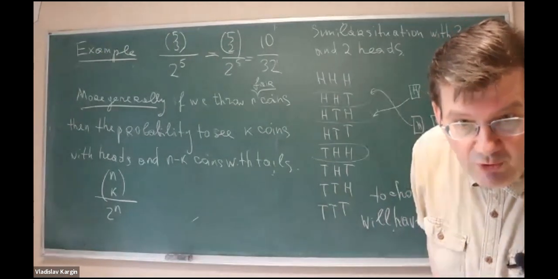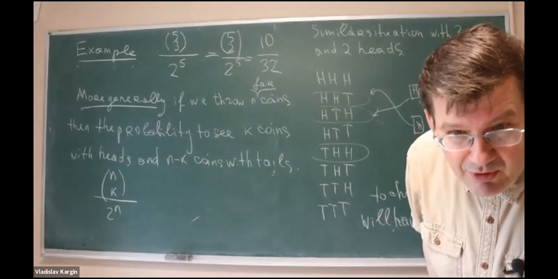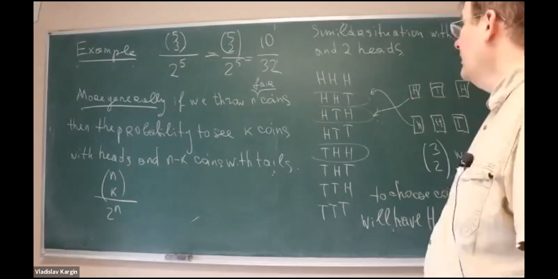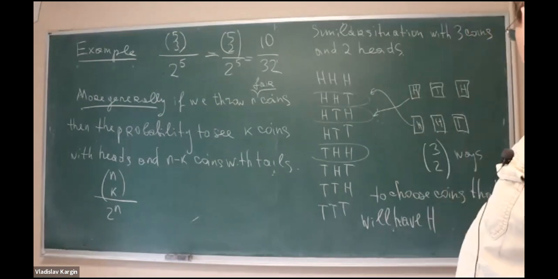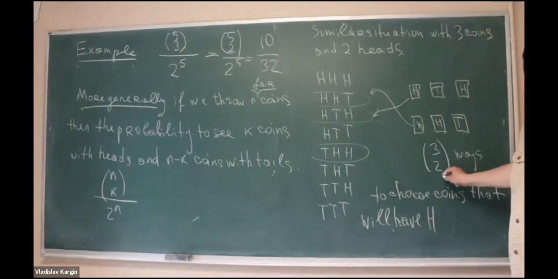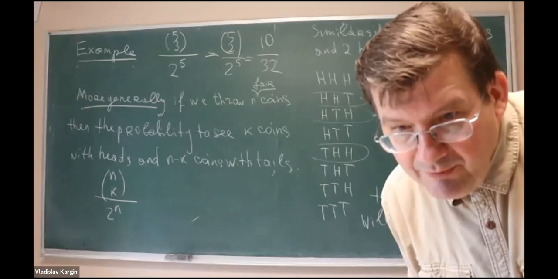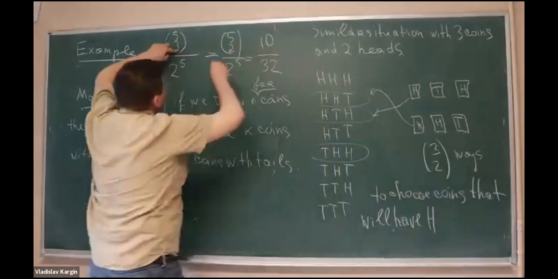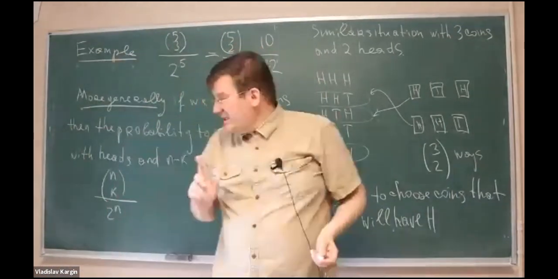Why does the 3 go to 2 in the top left, when it is 5 over 3 over 2 to the power? It's symmetry.